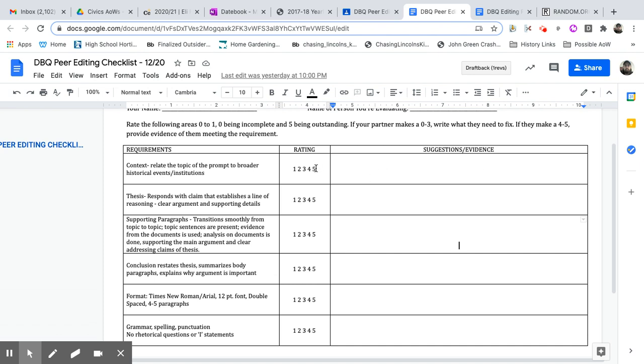If they did do really well and there's nothing they should fix, go in there and you can copy and paste it to show the evidence, or you could explain what they did, but you need to be specific. That way they can see, like, oh, I did this part right, and not just good job. That doesn't help anyone. If they did poorly, rate them as such, and then give them specific feedback that they can work with to help write a better paper. That's the point behind all of this. You're doing this to help them get a better paper.